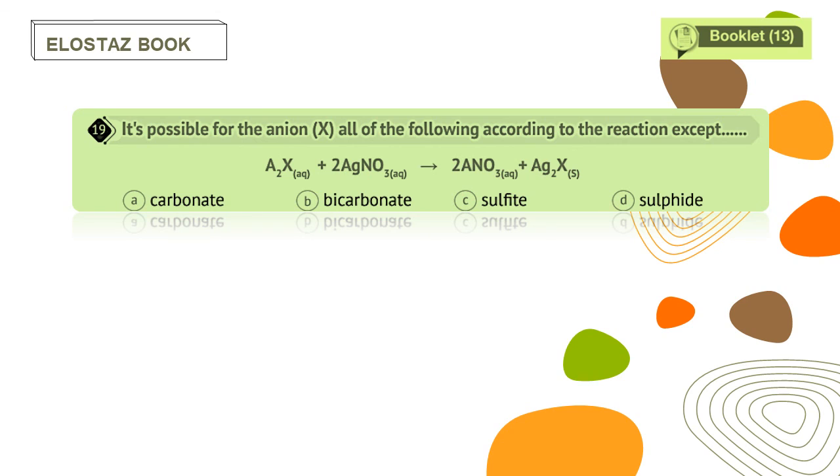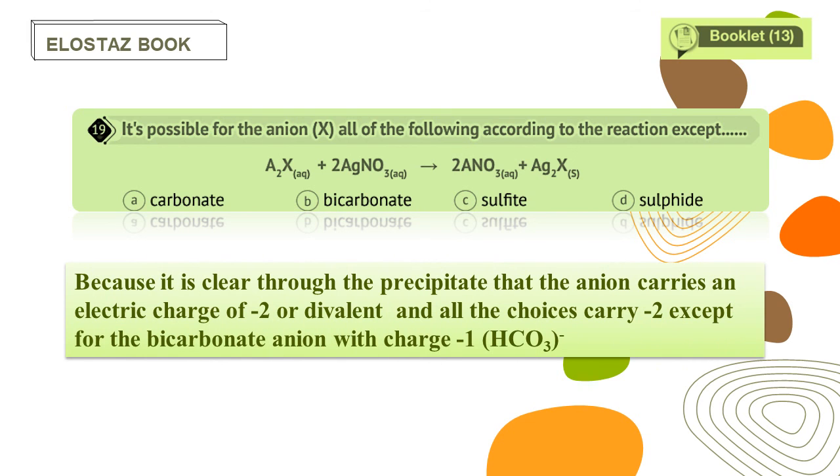So we have carbonate, bicarbonate, sulfite and sulfide. Here we have sulfite also as -2, SO3 -2, and sulfide S -2. Okay, so it's clear that all of these anions carry an electric charge of -2, or divalent anion, and all choices here carry -2.